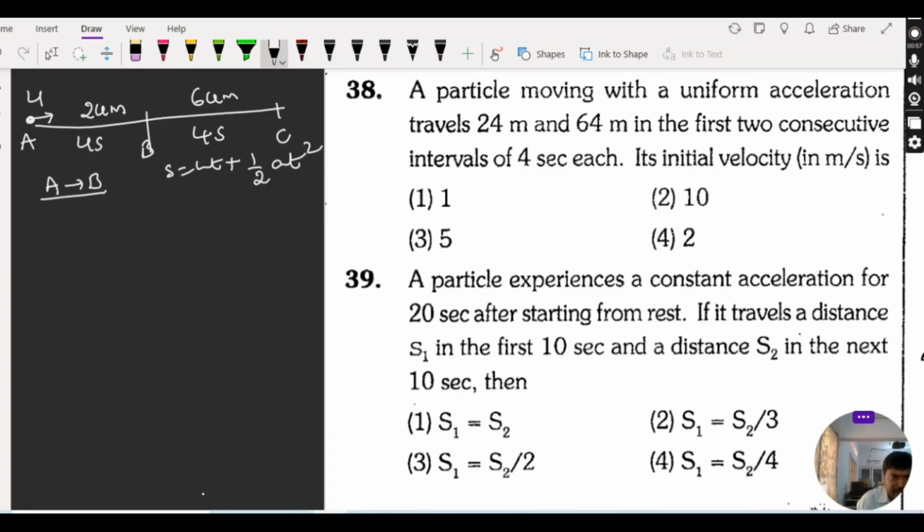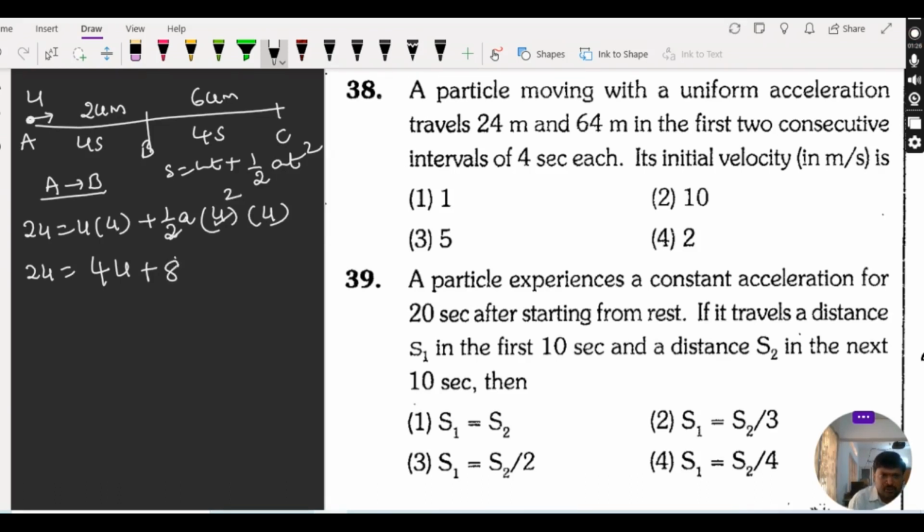So in the place of distance use 24 meter, initial velocity u, time 4 seconds, plus half a t square, that is 4 into 4. So 24 is equal to 4u plus, 2 ones 2, 2 twos 4, that is 8a.